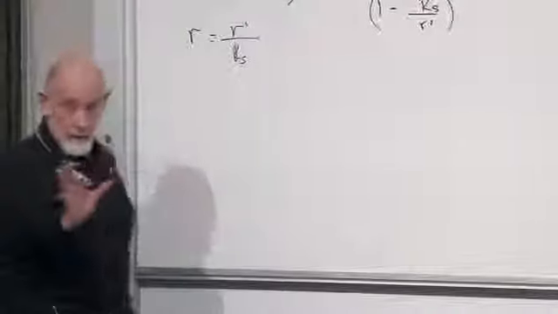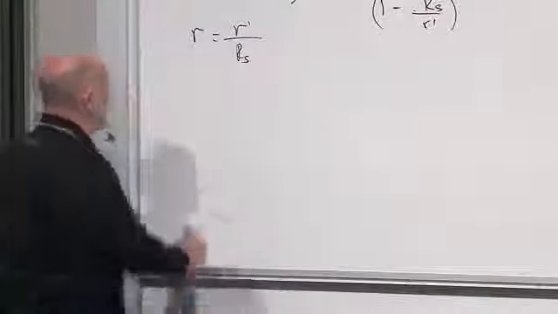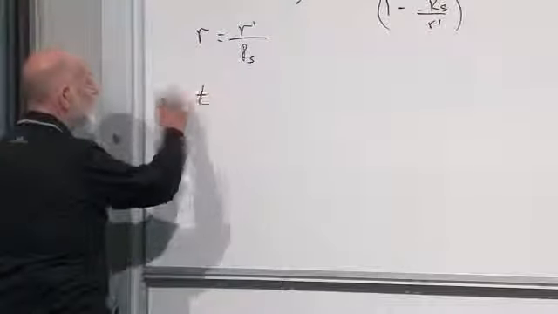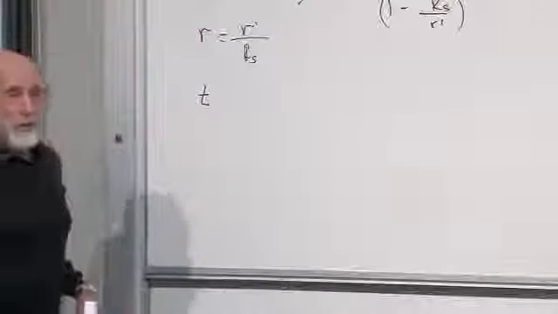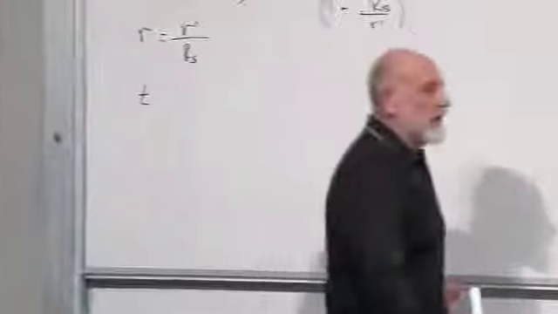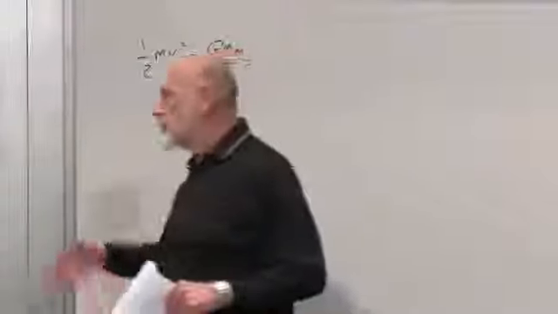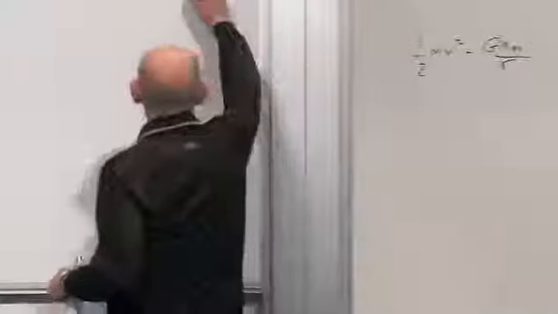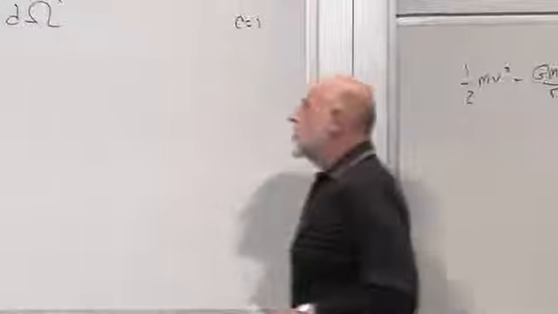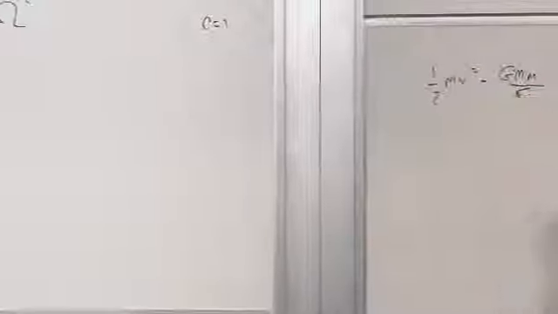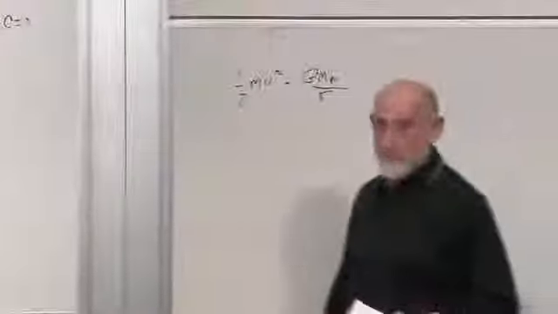Oh, one other thing, sorry, we're going to do the same thing with t. What are the units of t? Time, right? But if the speed of light is equal to 1, which we're always assuming, c equals 1, then the units of time and the units of length are the same, meters or whatever.